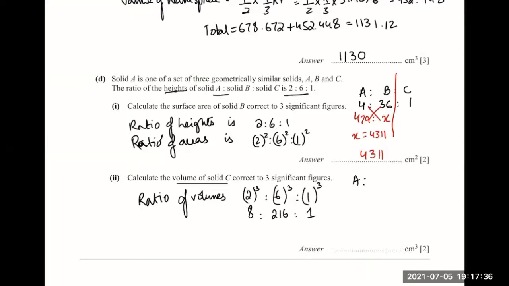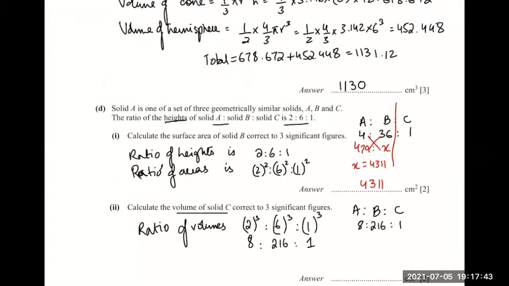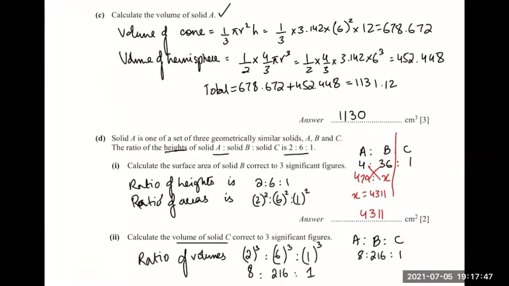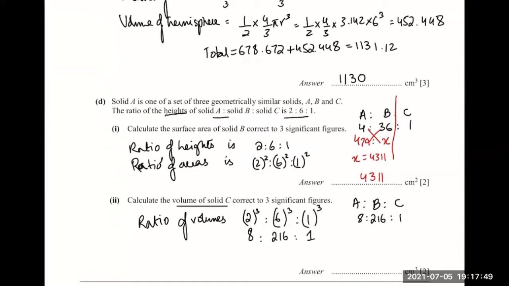So A, B, C are in the ratio 8 to 216 to 1. What's the volume of A? 1130. So I'm going to write 1130 is to X. Cross multiply it. Three zero five one zero.